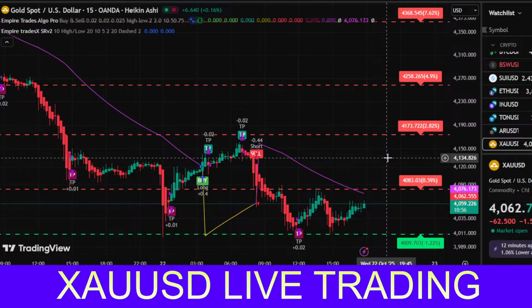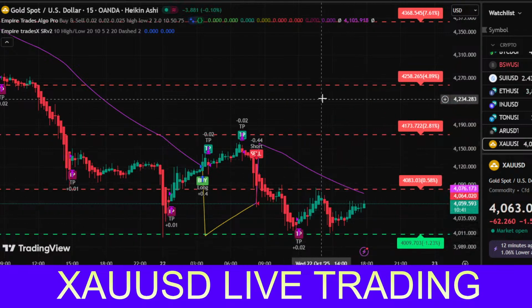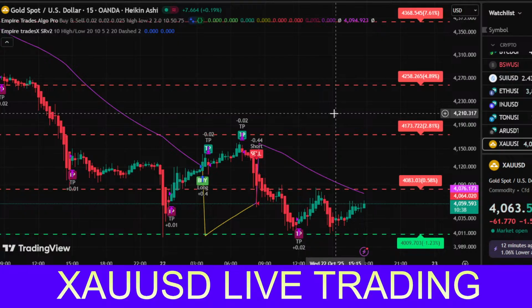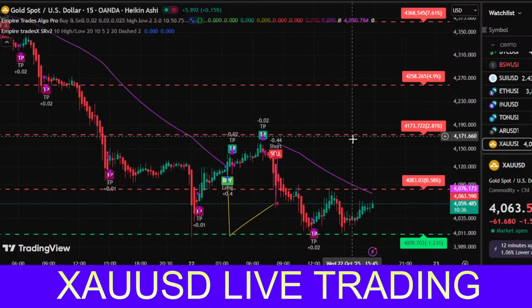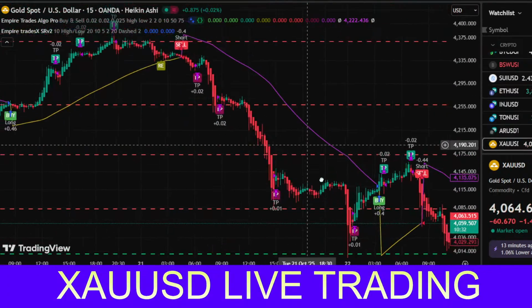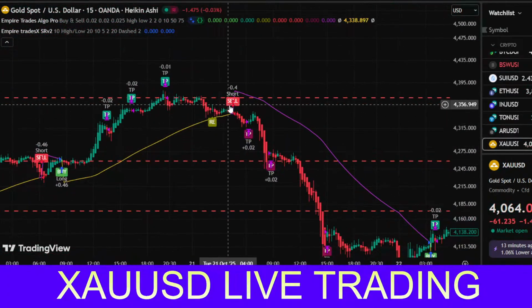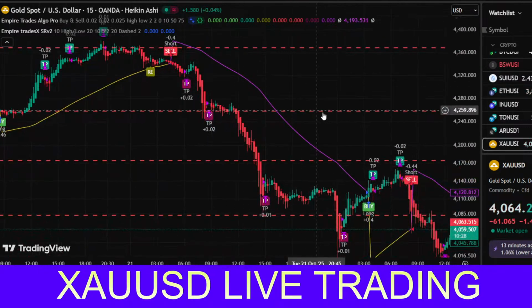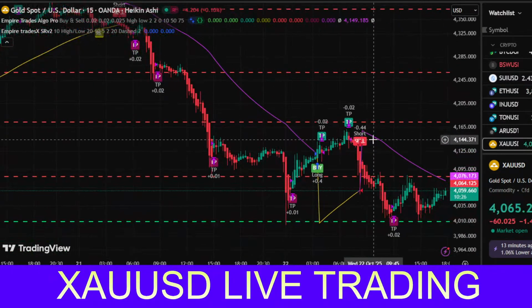These gaps are created because, while trading activities cease over the weekend, economic and geopolitical events continue to unfold, often leading to significant changes in market sentiment and asset prices by the time markets reopen.